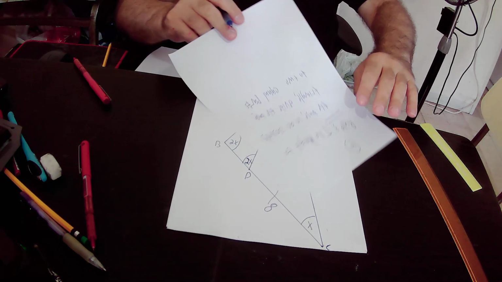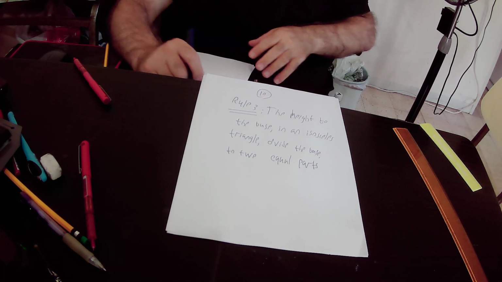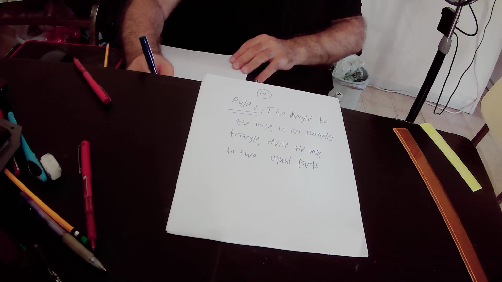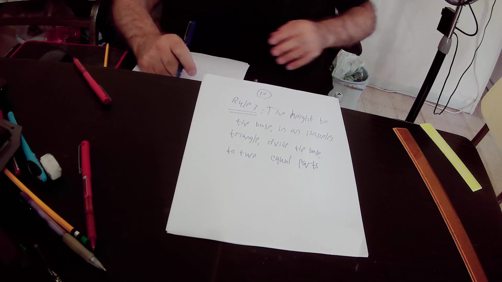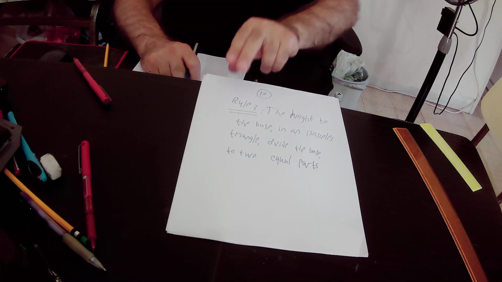So I will read rule number 3 again. Rule number 3 states that the height to the base in an isosceles triangle divides the base into two equal parts.